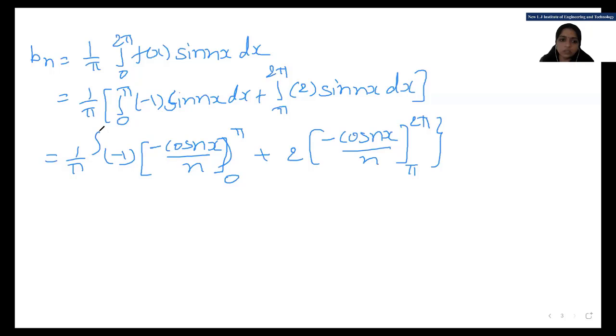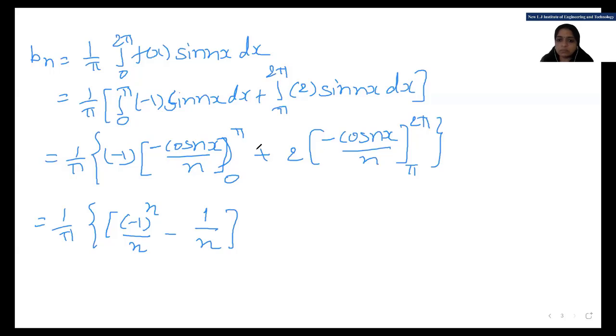After substituting the limits, minus minus plus, so our first term is cos n pi, and what is the value of cos n pi? Cos n pi is minus 1 raised to n. Please remember, cos n pi is minus 1 raised to n, upon n, minus cos 0. If we substitute 0, then cos 0 is 1, so 1 upon n. This is for the first term.